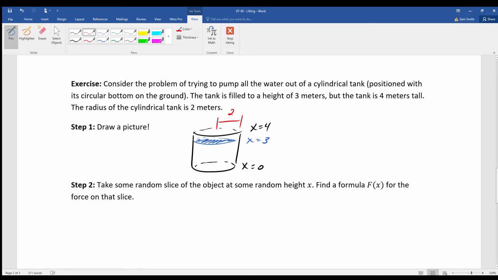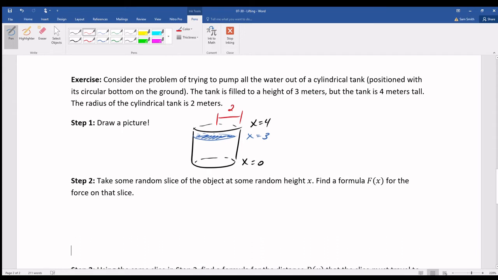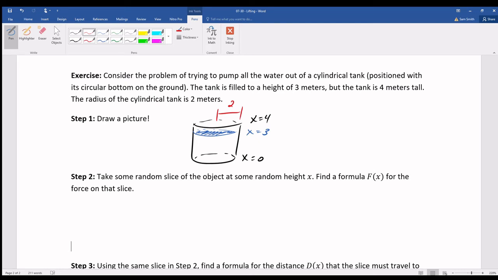Then we are going to identify for each individual slice what would be the work done to move that one slice up and out of the tank. Then we will use integration to take the sum total of all the work that needs to be done to move all the slices.